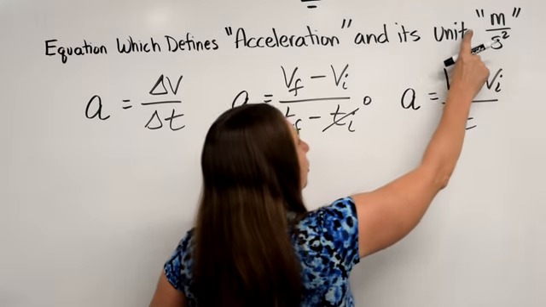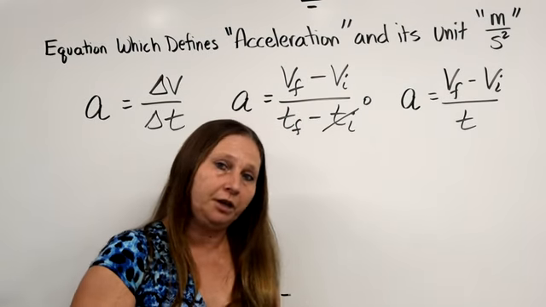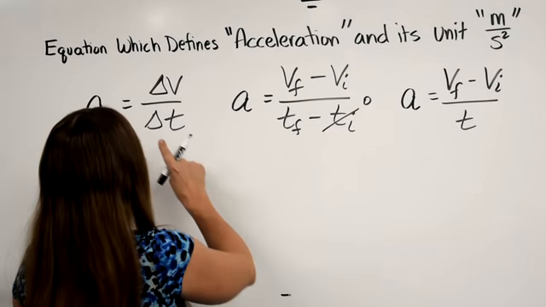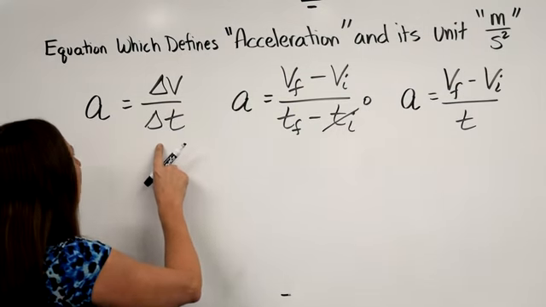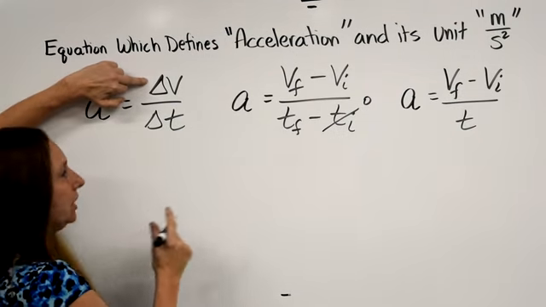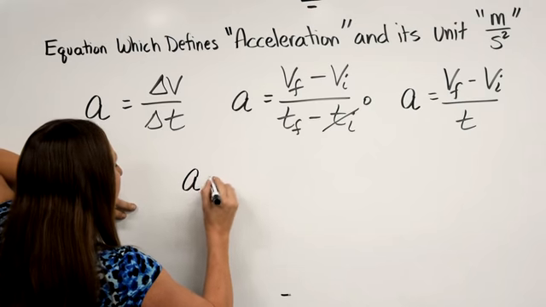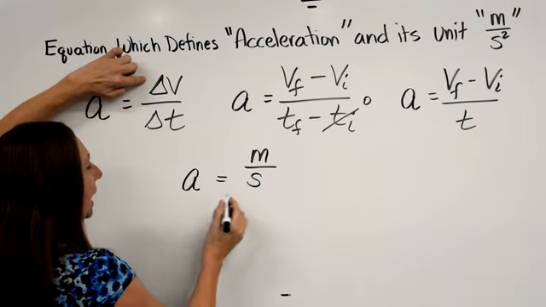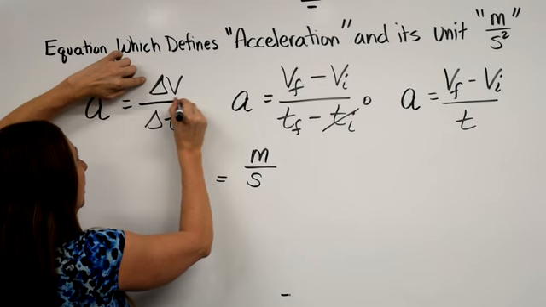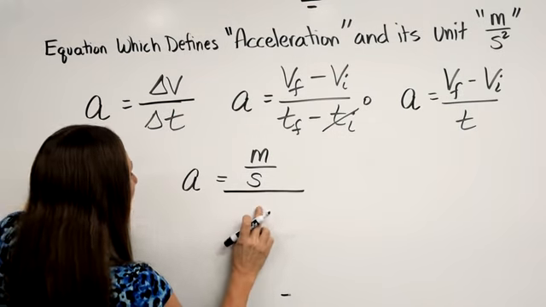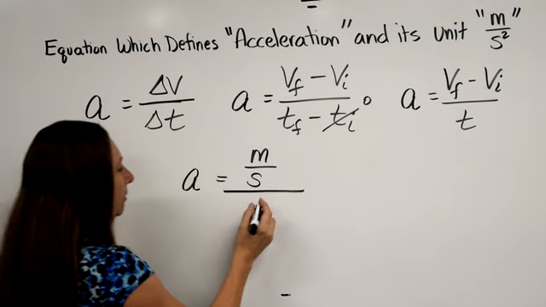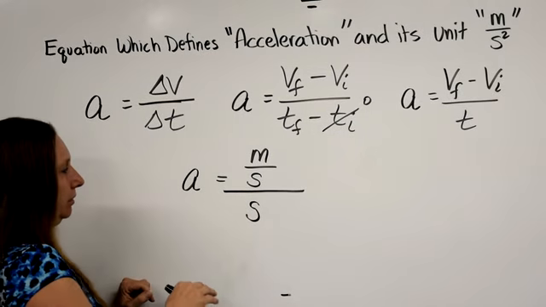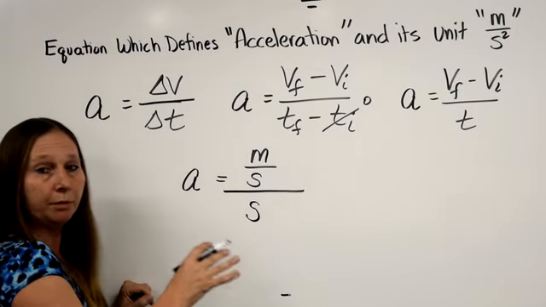Now, let's derive. Derive means figure out the correct unit for acceleration based upon the equation for acceleration. You've got velocity on top, so on top is going to be meters per second. The unit for velocity goes on top. Now, you put a line. On the bottom is the unit for time. The unit for time is the second. Now, we need to clean this up. We can reduce this, simplify this.